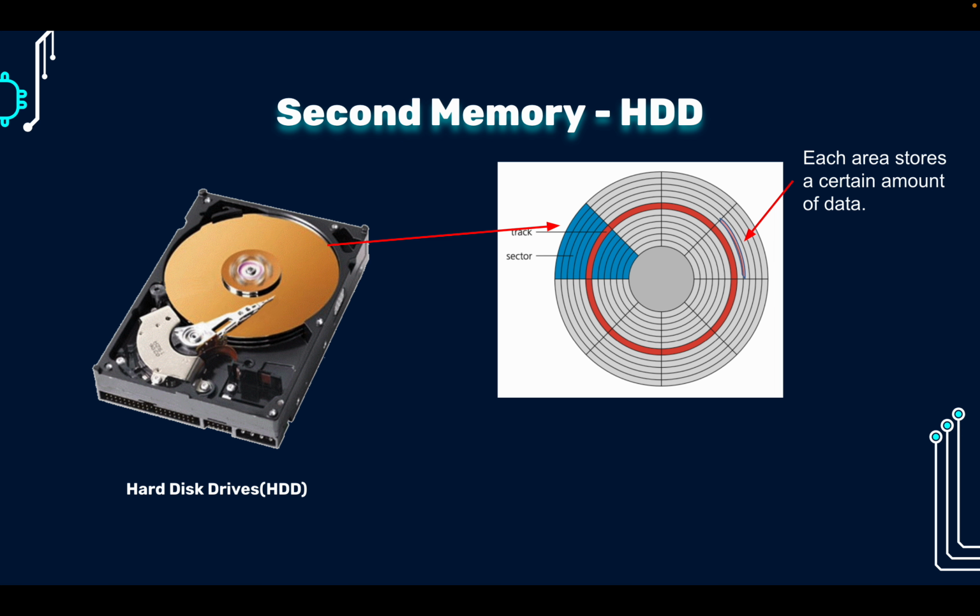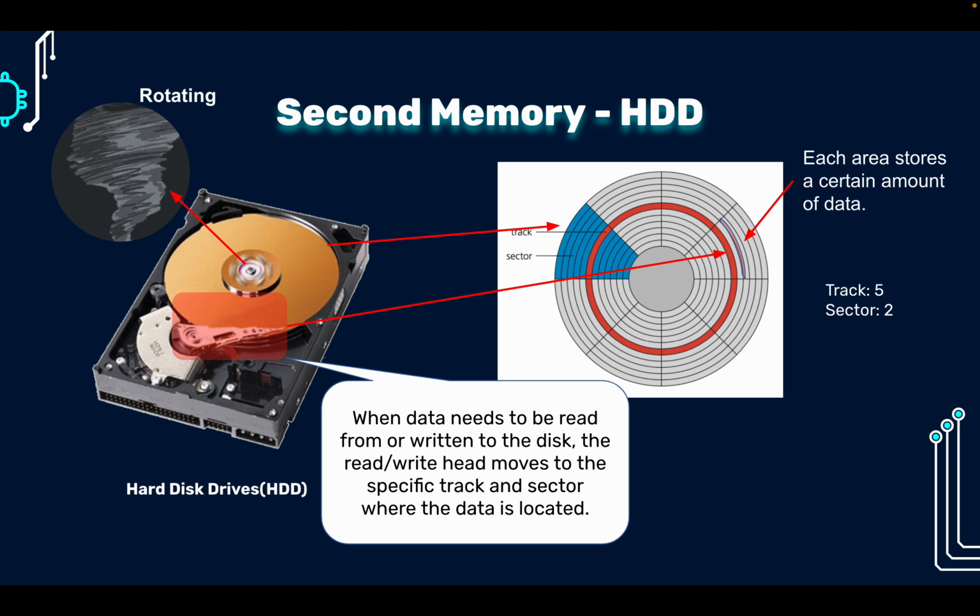When data needs to be read or written, the head just moves to the specific track and sector. Like in this example, the ID of the track is 5 and the sector is 2, so the head moves right here to read or write the data.